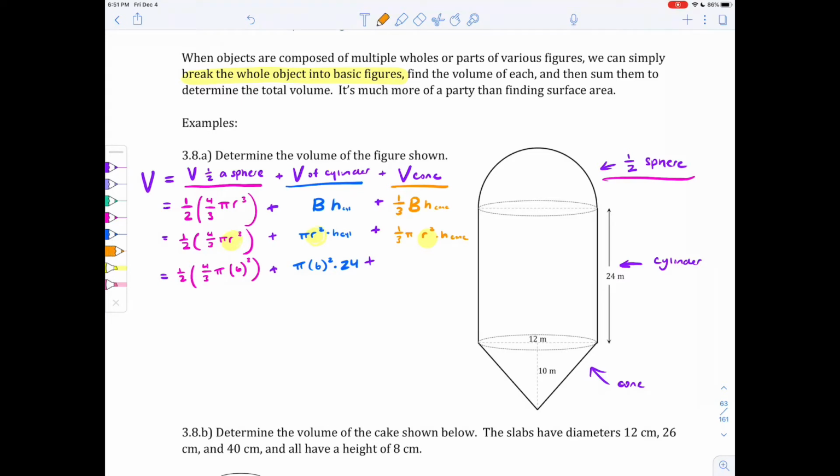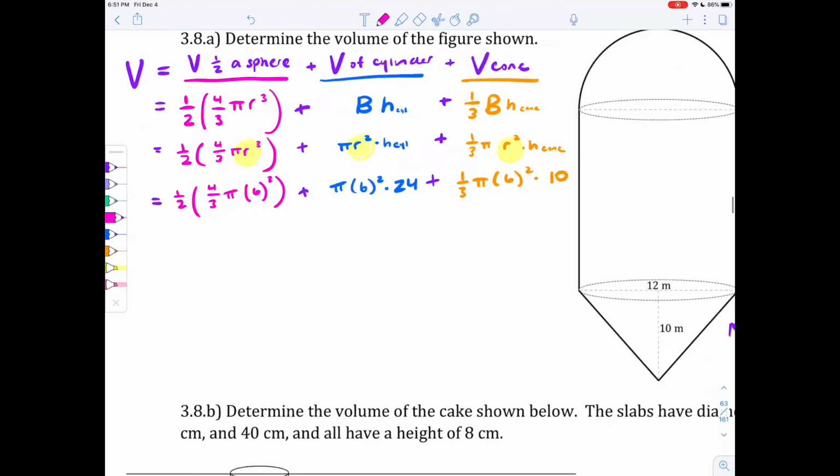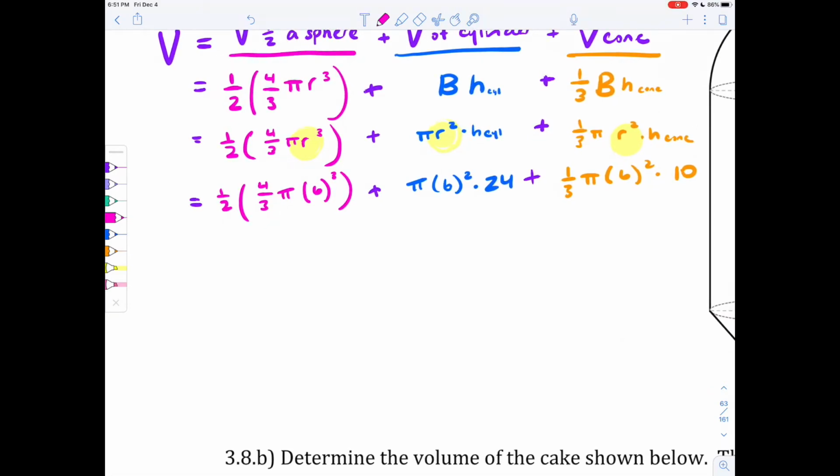And then, of course, I have my volume of my cone. I have 1/3 pi. I have 6 squared. Now my height here is going to be 10. Now, when I plug these values in, I can go ahead and straight up plug these into my calculator. When I do this calculation, I have 1/2 times 4/3 times 6 cubed.